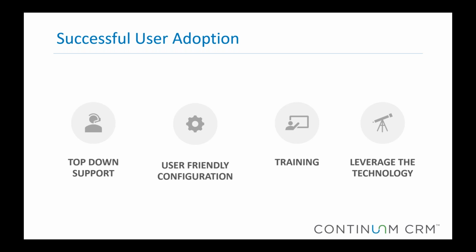So to recap, what would make a successful CRM user adoption? Providing top-down support, making sure that you have management involvement from the initial conversation about making the change through the training, and then reinforcing with them using it themselves. Providing a user-friendly configuration that's tailored to the role or the user or the community itself or your service line that you offer.